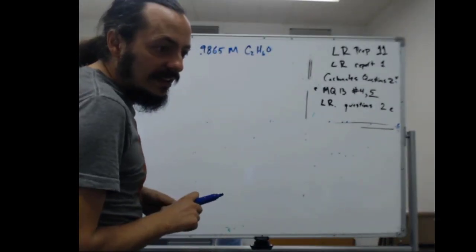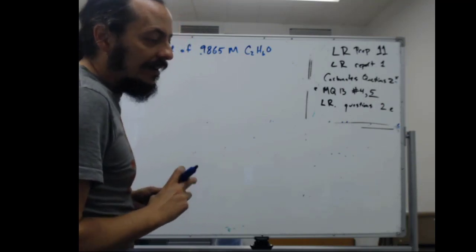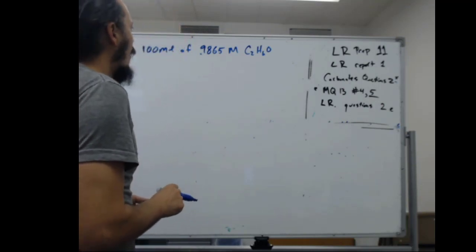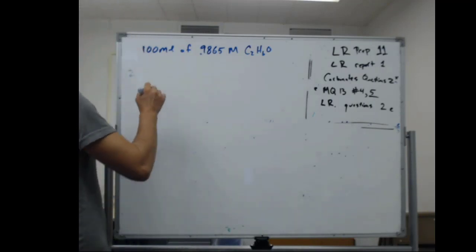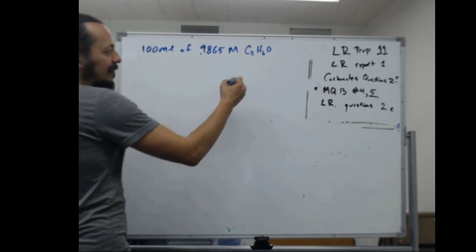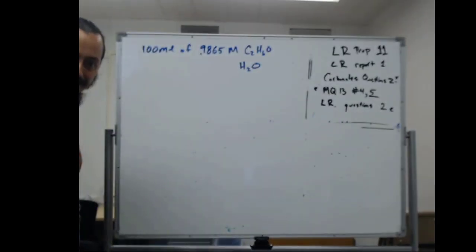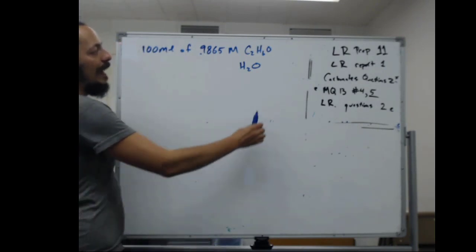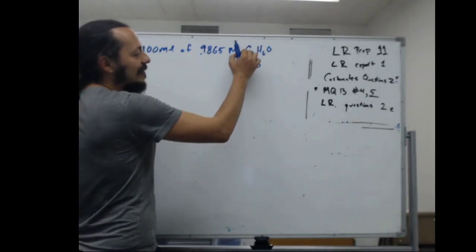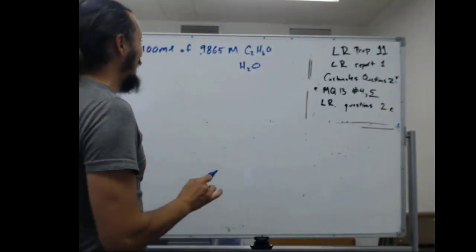And it says how many hydrogen atoms are in the solution. The thing you have to remember is this is a water solution. Water also has hydrogens. So we're going to have to find the number of hydrogens associated with the C2H6O and then the number of hydrogens associated with the H2O as well.